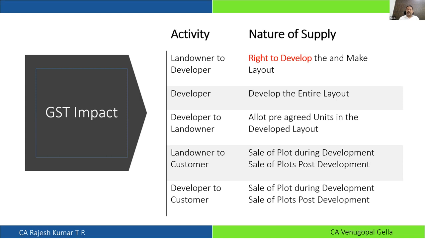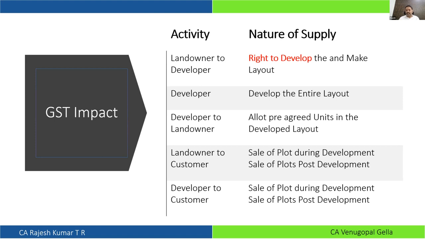So in such a scenario, advances received for a future sale of a plot would not be liable to GST, has been clarified. Essentially, the Circular 177, right, with the advance ruling, which Venu is going to explain in further detail.